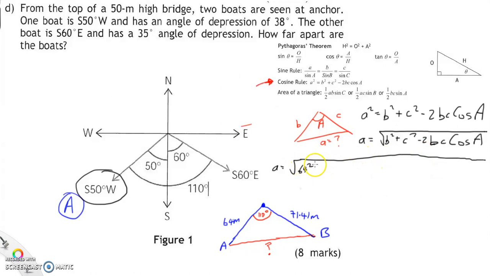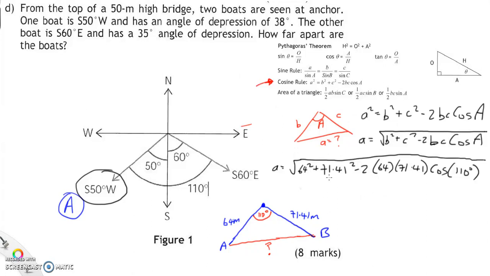64 squared plus 71.41 squared minus 2 times 64 times 71.41 times the cosine of the angle 110 degrees. And we stick that all into the calculator.